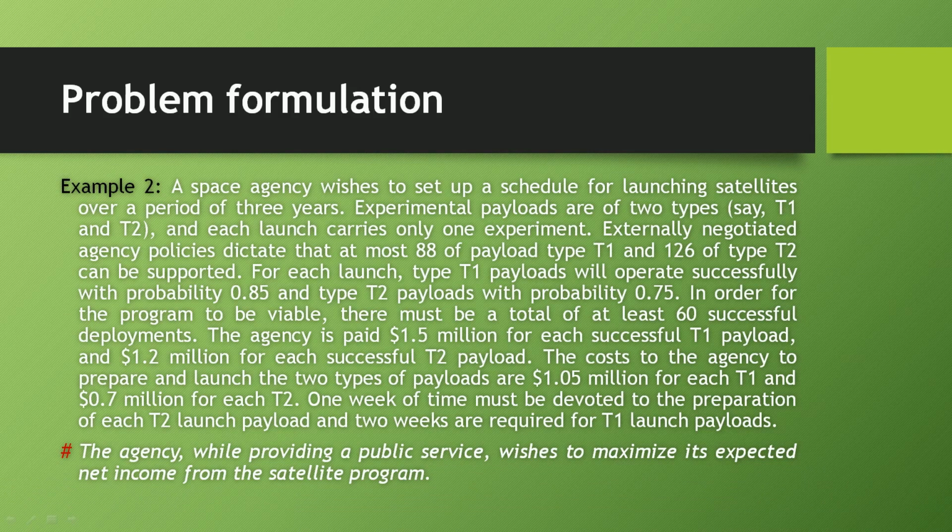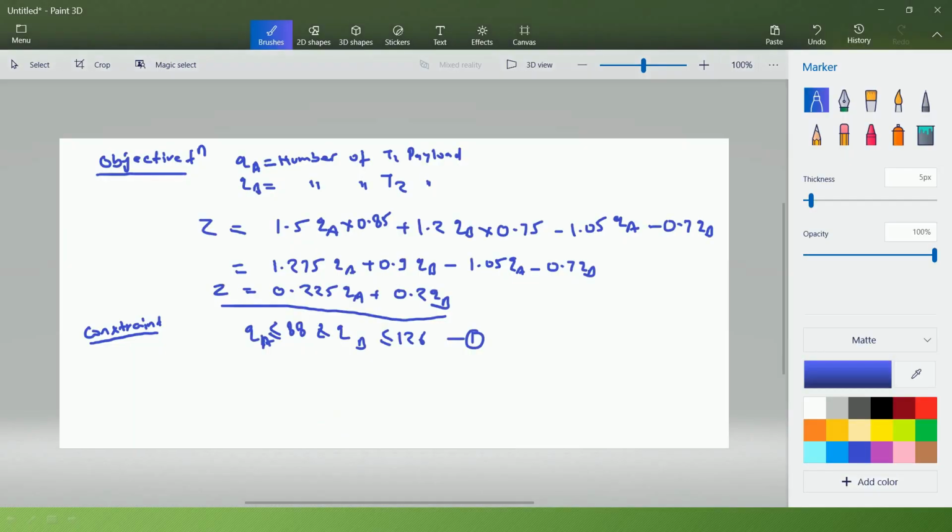Now in order for the program to be viable, there must be a total of at least 60 successful deployments. So we need 60 successful deployments: QA plus QB.